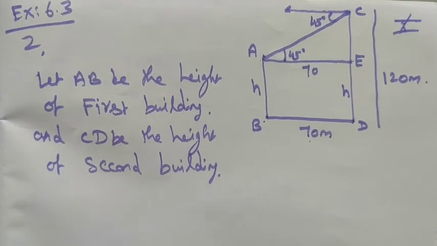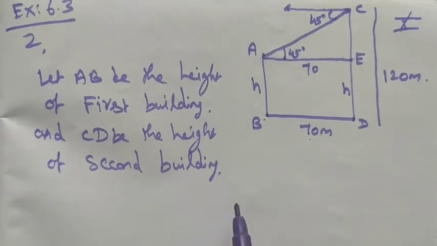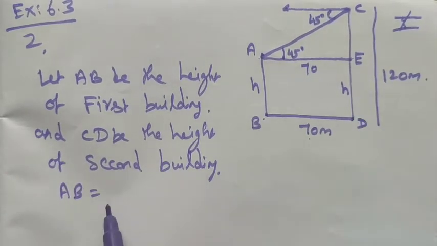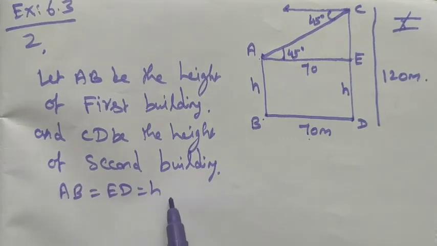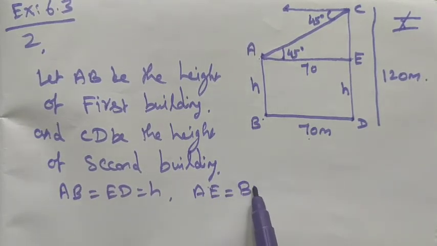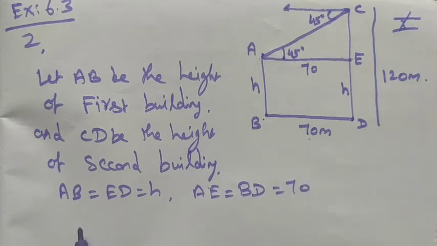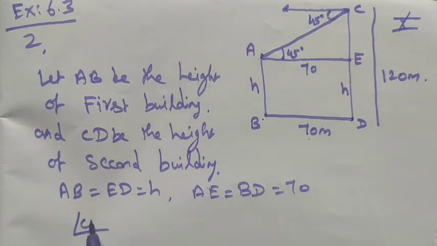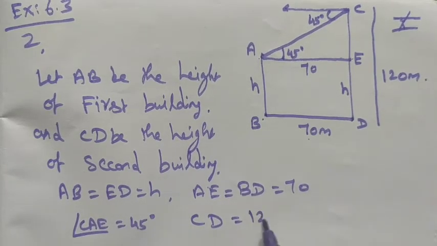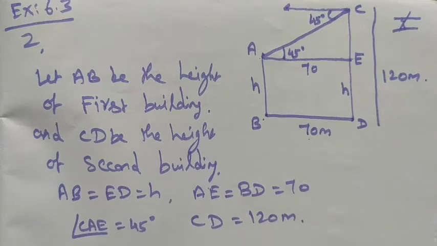We have to mention which one is which. Then AB is equal to ED is equal to H, AE is equal to BD is equal to 70, angle CAE is equal to 45 degrees, and the total height CD is given as 120 meters.